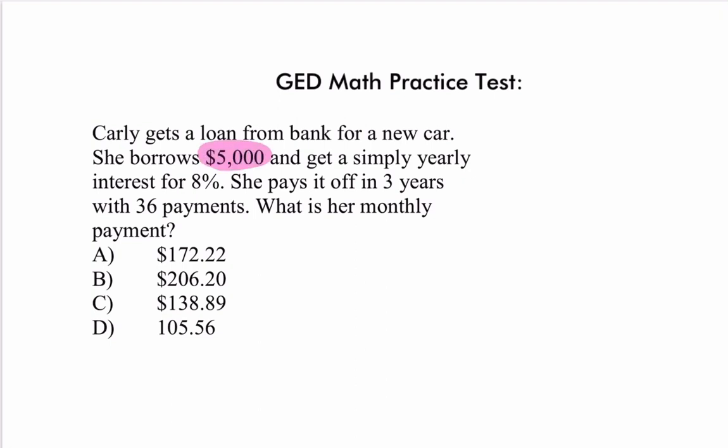When you take a loan from the bank, they charge interest, so you need to pay the interest also. The first thing we need to find is the interest. According to the simple interest formula, I equals PRT.